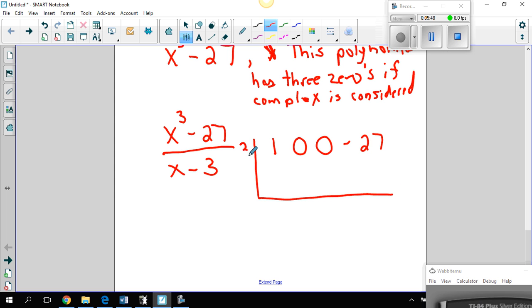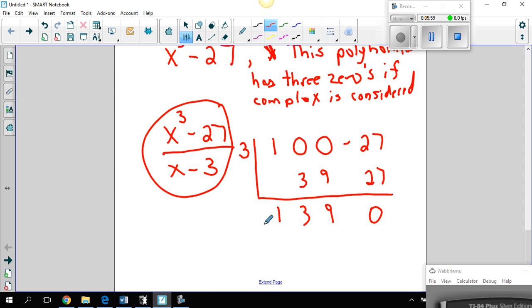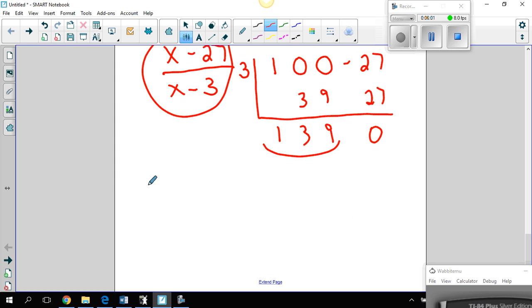And you divide by 3 because it's opposite the factor. And you get 1, and you get 3, and you get 3, and you get 9, and you get 9, and you get 27, and you get 0. It's this right here. When does that equal 0?